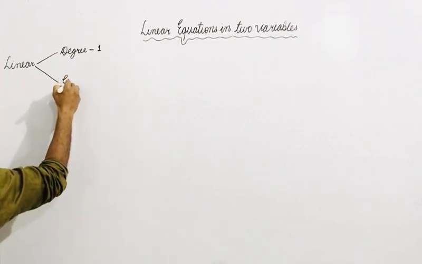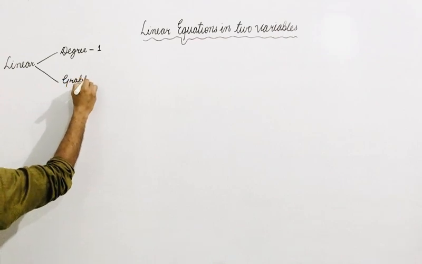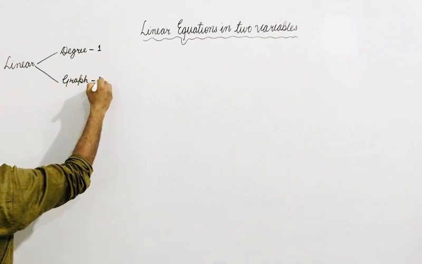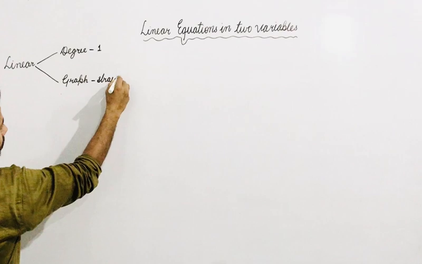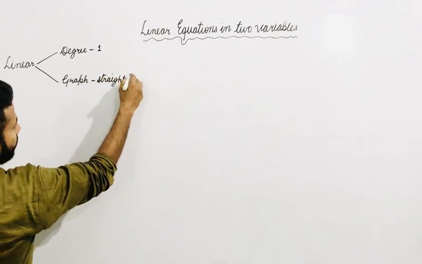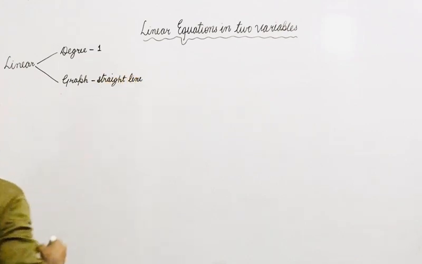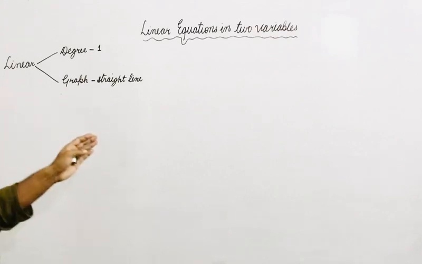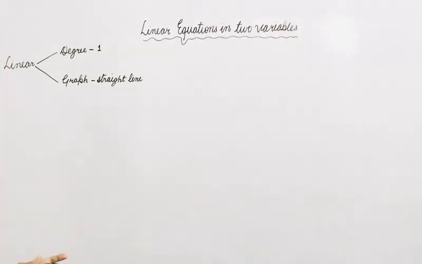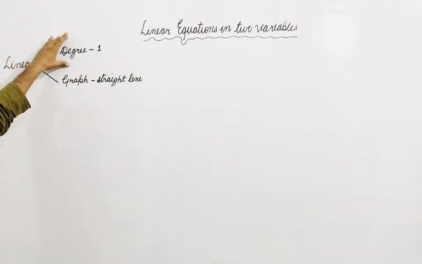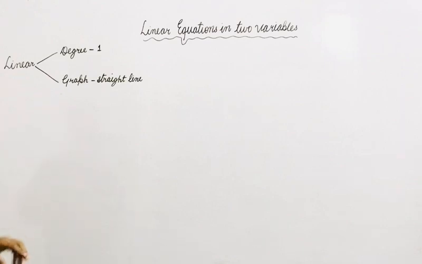And when you go by its graph, it will give you a straight line. The graph of any linear equation will be a straight line, and the degree of that equation will always be 1. A linear polynomial will have degree 1.